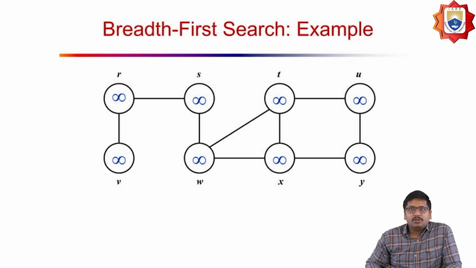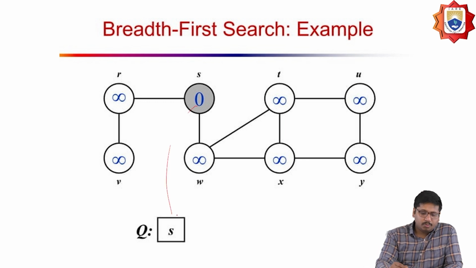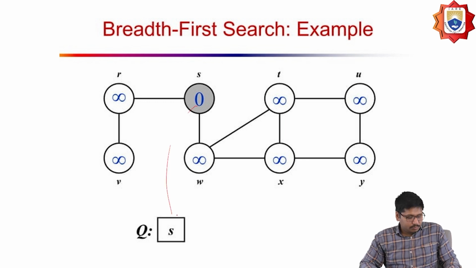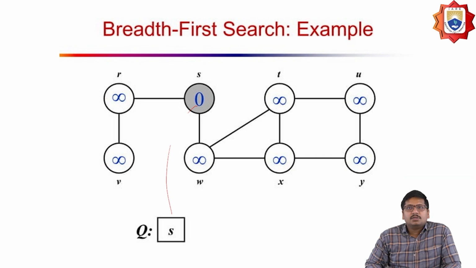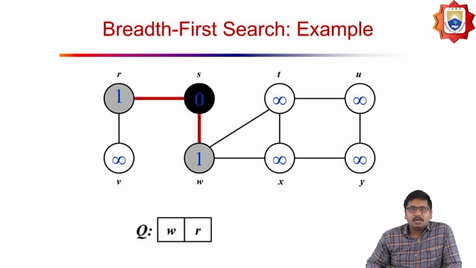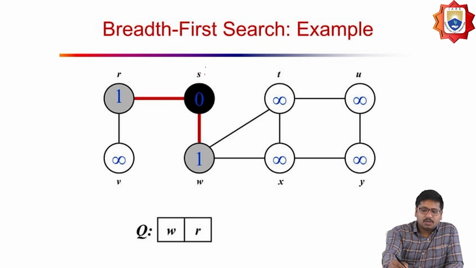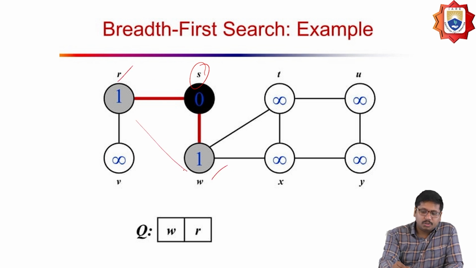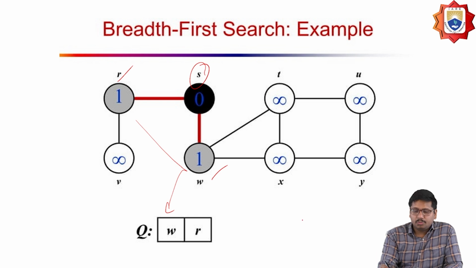Then initially I take the source vertex, and that vertex is pushed onto the queue. Initially mark it as S. Then whatever vertices are adjacent to S, I consider. For S, the adjacent vertices are R and W, so those two will be pushed onto the Q, and S is deleted.